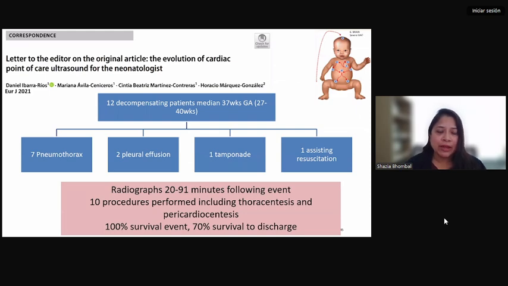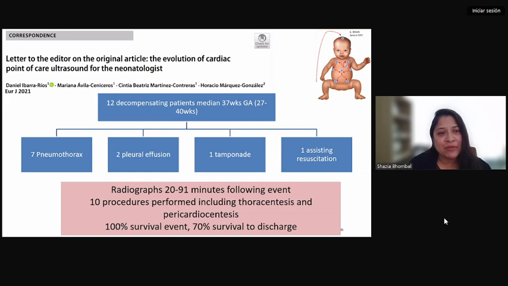This was an article out from Dino de Rios down in Mexico that discussed a population of a couple years where they performed the SAFE protocol in decompensating patients and found 12 patients that were decompensating with a median age of 37 weeks. So these range from 27 to 40 weeks. The SAFE protocol was performed by expert physicians in 5, by supervised neonatal fellows in 5, and by neonatology fellows only in 2 of these cases.